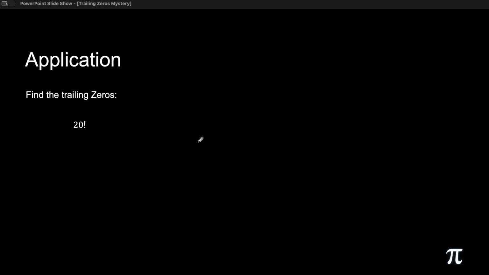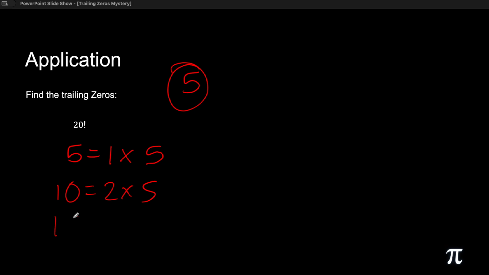So now let's apply this to 20 factorial. So we know that we need to look for the number of times we get the prime factor 5. So what better way to do that than looking at multiples of 5, because they will, when prime factorizing them, have a factor of 5. So we look at 5. 5 is equal to 1 times 5. 10 is equal to 2 times 5. 15 is equal to 3 times 5.